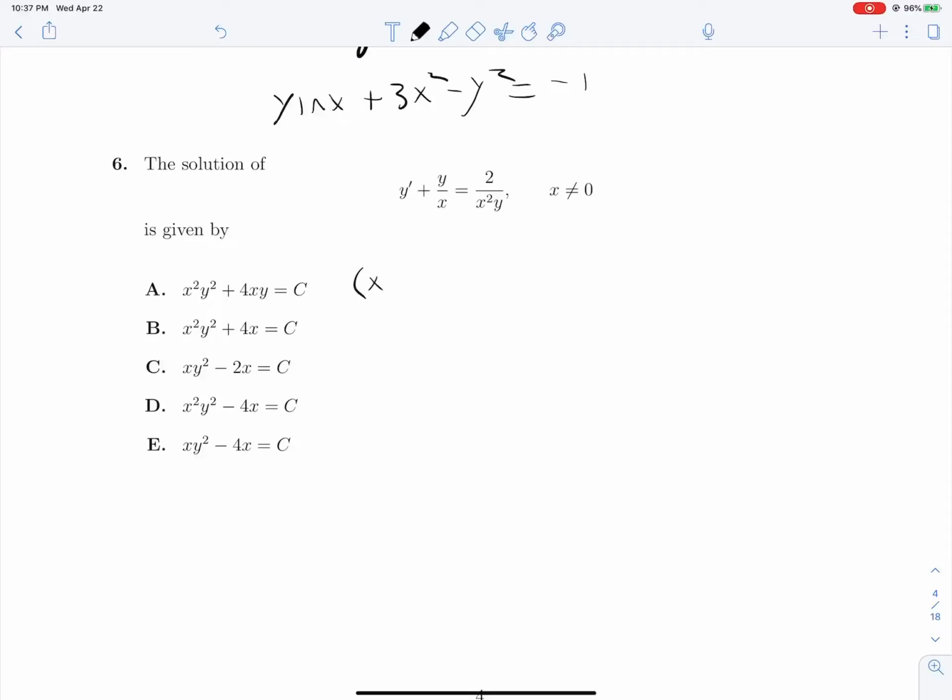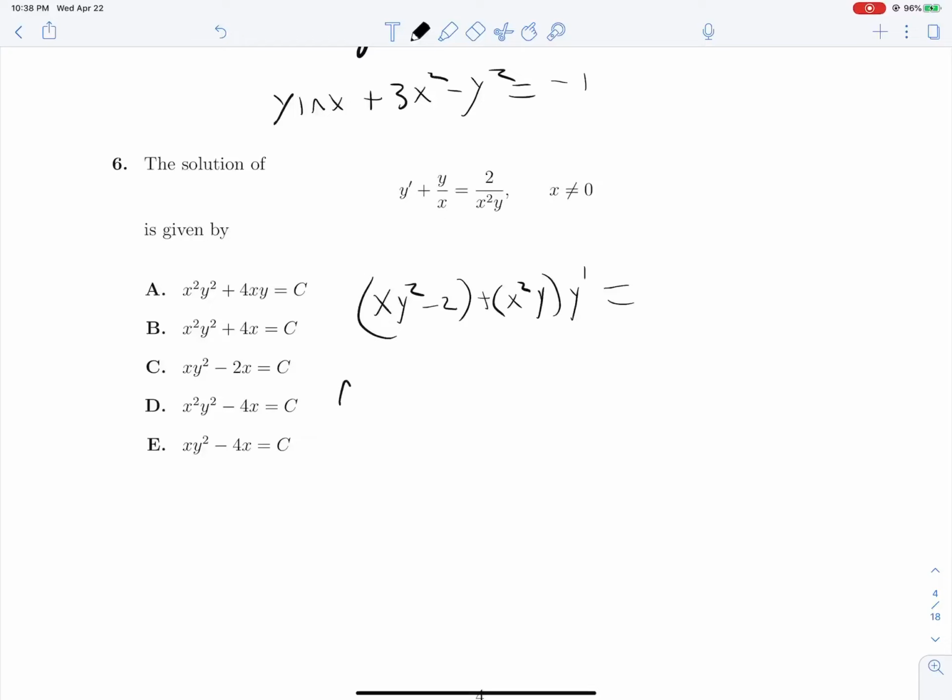So x squared y times y prime, and I'll order it the way I'm used to, plus xy squared is equal to 2. So we can subtract this 2 and there we go. We have our function n and our function m.